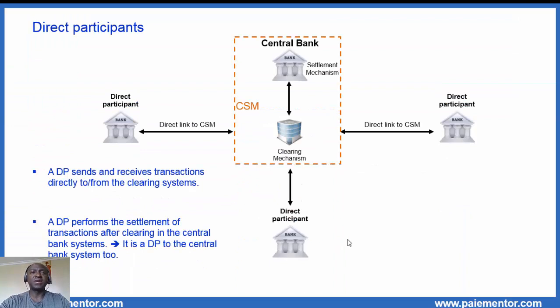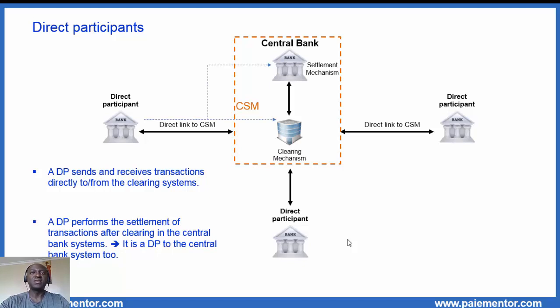Here we see a picture depicting how a direct participant accesses the CSM, the systems performing clearing and settlement. In reality, the direct participant has a direct connection to the clearing system and a direct connection to the settlement system as well.